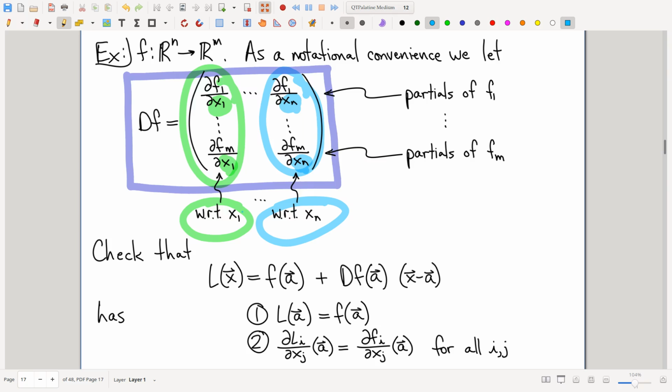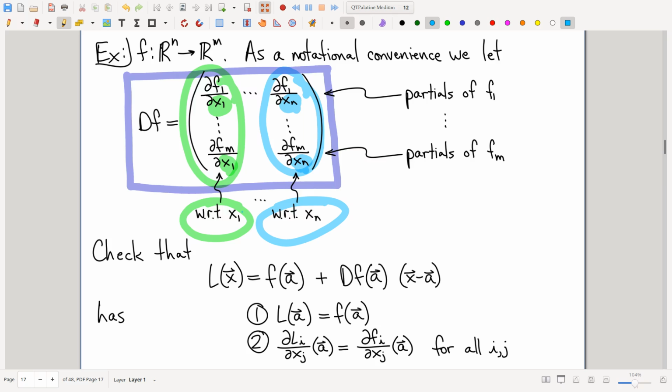So it's reasonable to refer to these columns by, for each one, the common characteristic of all of its elements. So I like to refer to the first column as the x1 column, because they're all partials with respect to x1. The big point here, make sure to remember, columns correspond to input variables. These are input variables x1 through xn.